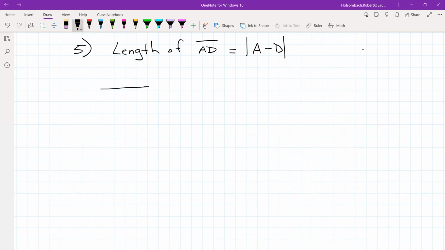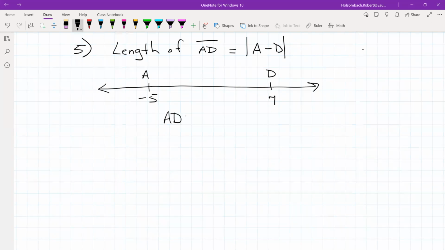So if we're looking at that number line, A is at -5, D is at 7. So AD is equal to the absolute value of -5 minus 7.